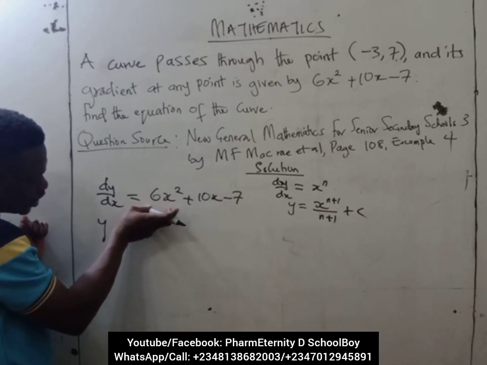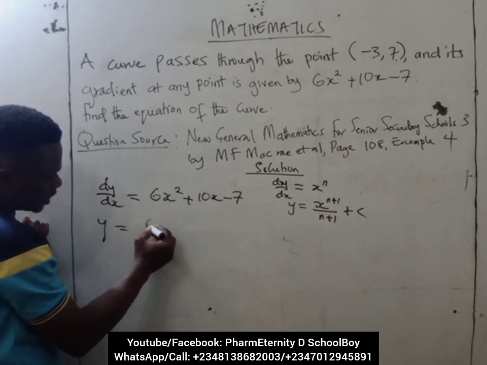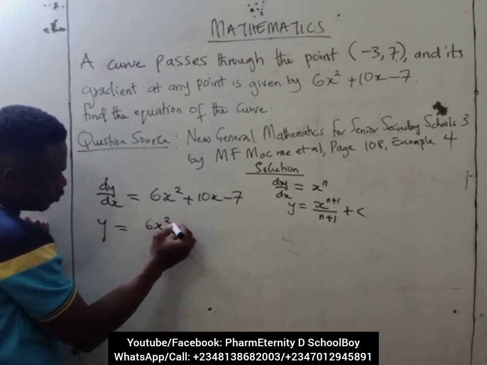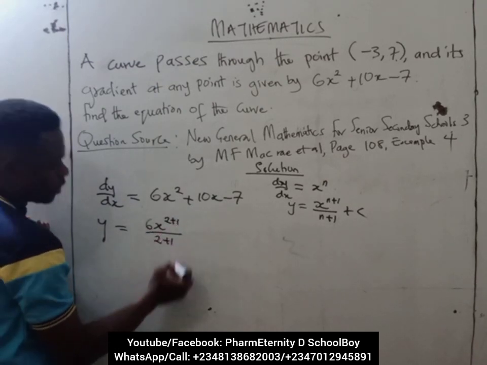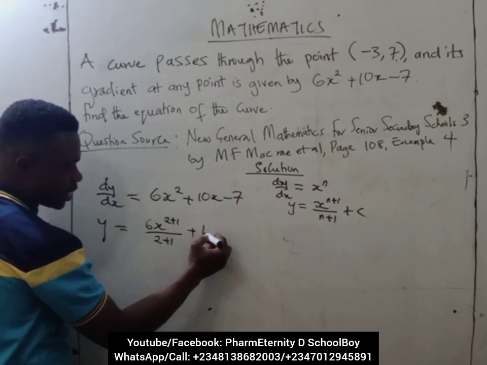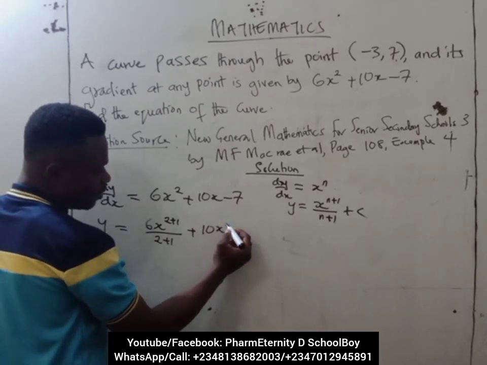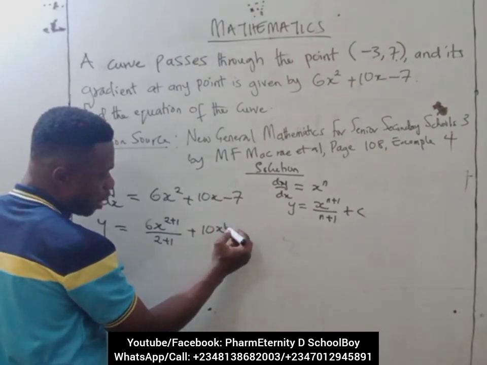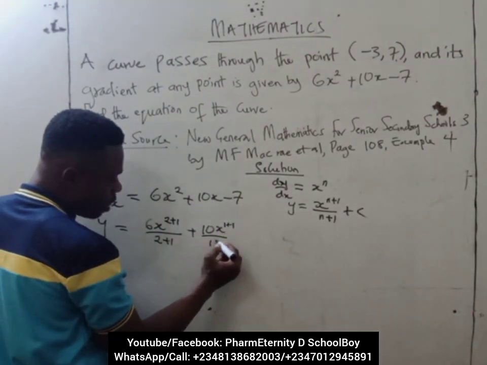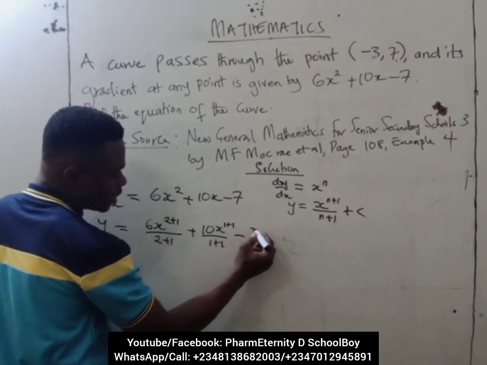If you integrate this now, you have 6x raised to power 2 plus 1 over 2 plus 1, plus 10x, which ordinarily is x raised to power 1, so x raised to power 1 plus 1 over 1 plus 1, minus 7.